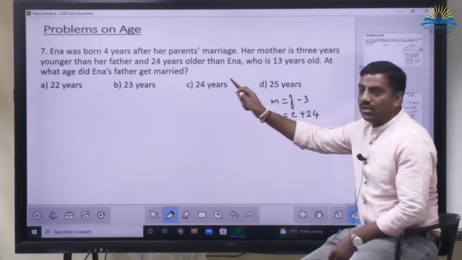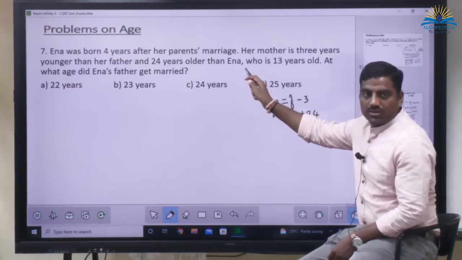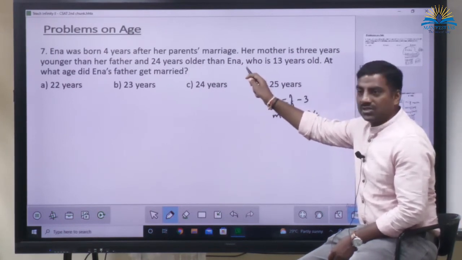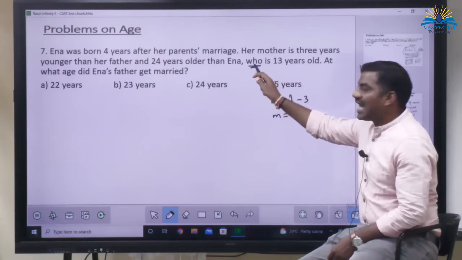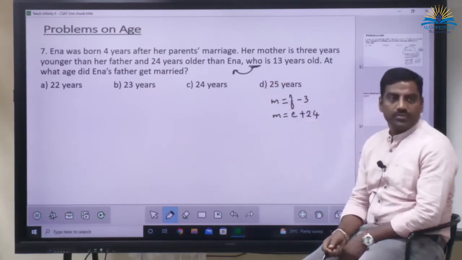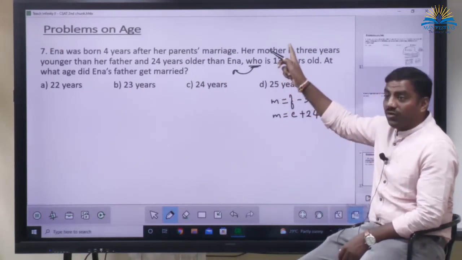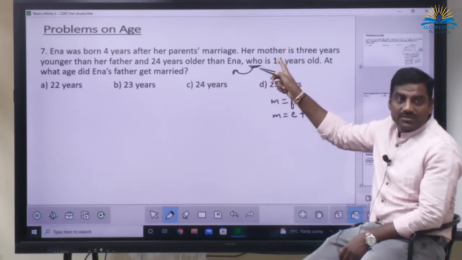Who is 13 years old now? Ina or mother? So this comma is very important. When this comma comes, this who or that, which, where, it belongs to the immediate noun. When comma is not there, then it belongs to the first person in the sentence.